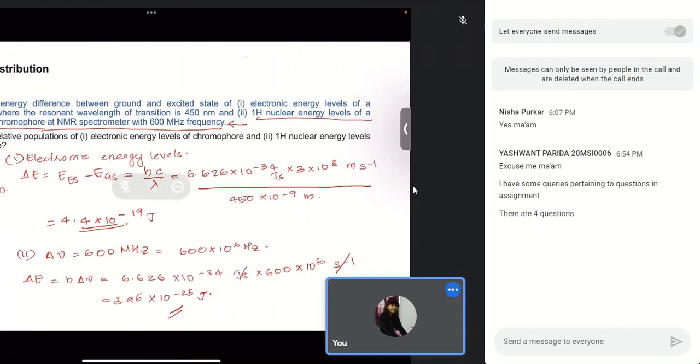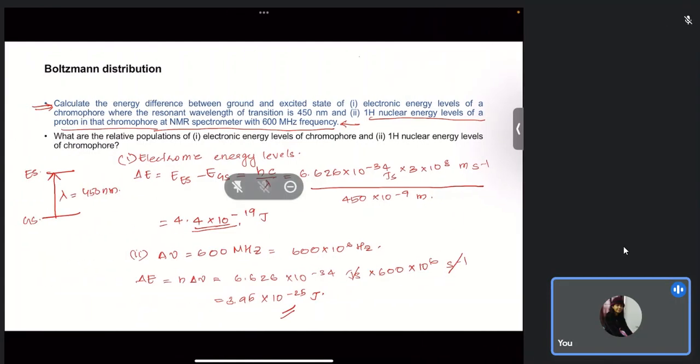Yashwant, you can unmute yourself and ask the question.